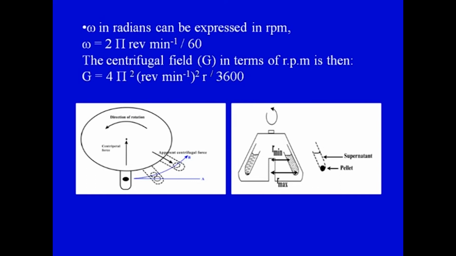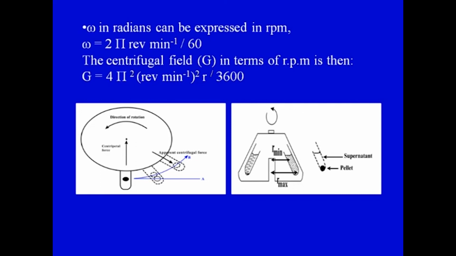As we were talking about the radial distance from the center, if you can see here, if the tube is in an angular rotor, as we will discuss in coming time, there will be r minimum, which is the meniscus of the tube from the center of the rotation, and there is r maximum, which is the bottom of the tube from the center of rotation.